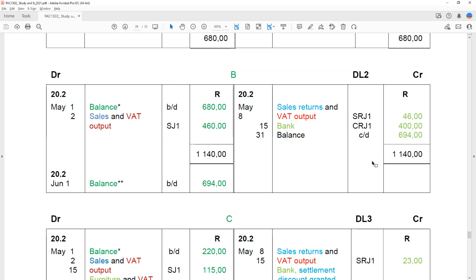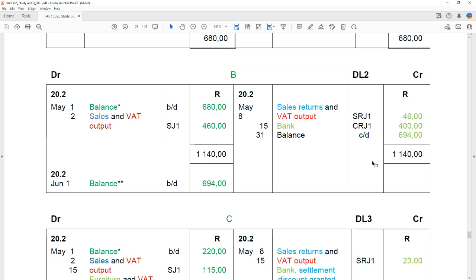So if you have a debtor that either pays you, or because you've given him he returns stuff but still paid for it, and suddenly he paid more than what he owed you, he will have a credit balance, but then he will be transferred from your trade receivables ledger to your trade payables ledger. He will become a creditor until he has a debit balance, then you will transfer him back.